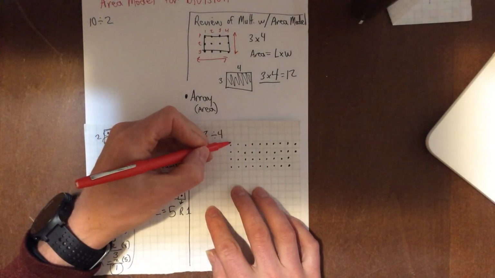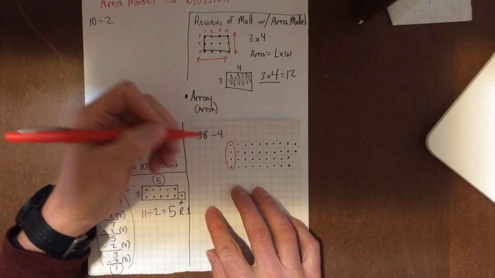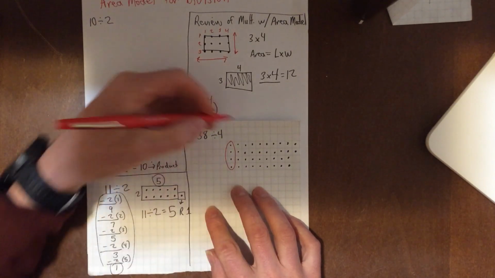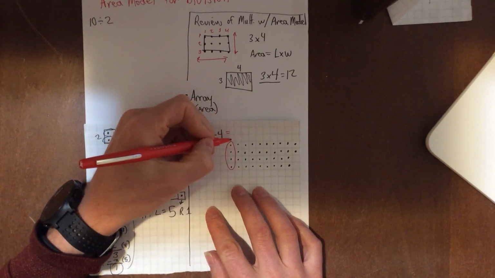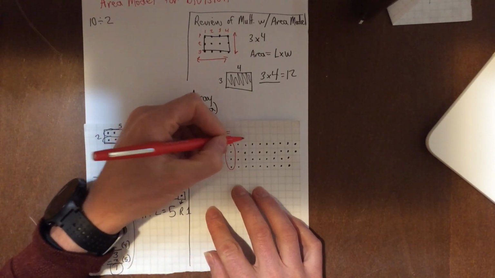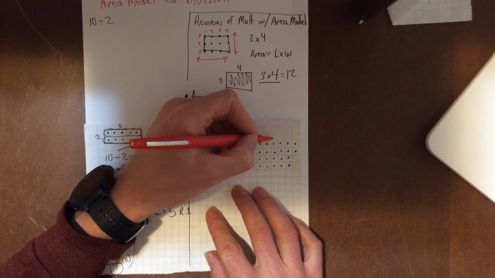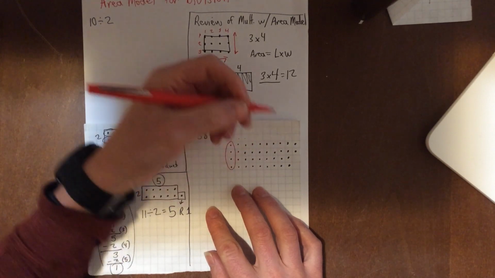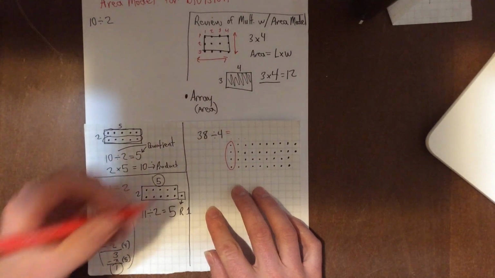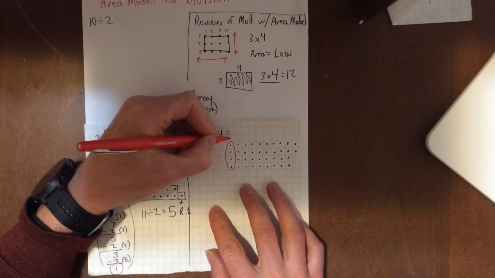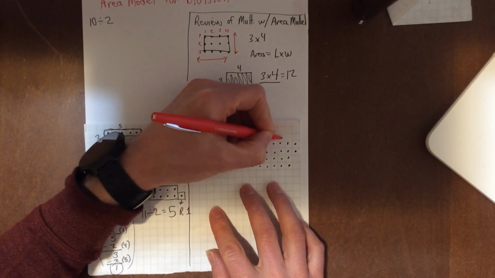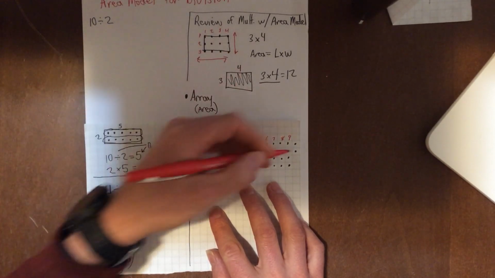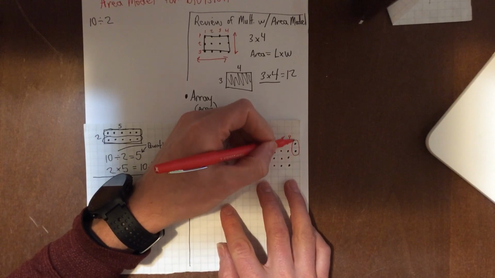Okay, so we have groups of 4 here. Now, I'm curious how many groups of 4 there are. Well, I can see 1, 2, 3, 4, 5, 6, 7, 8, 9 groups of 4. And then there's these stragglers here.